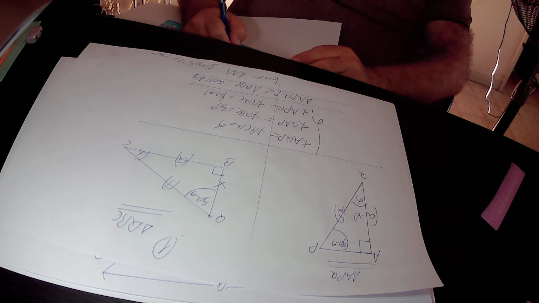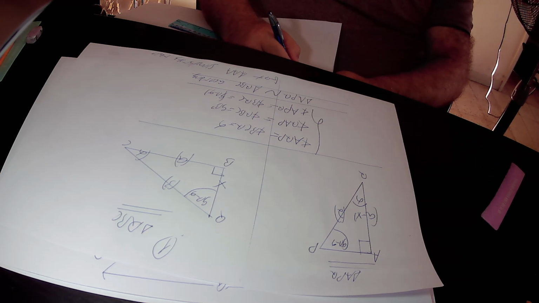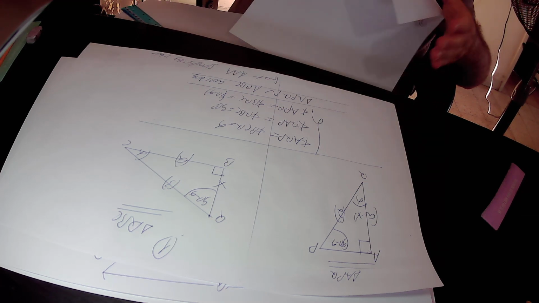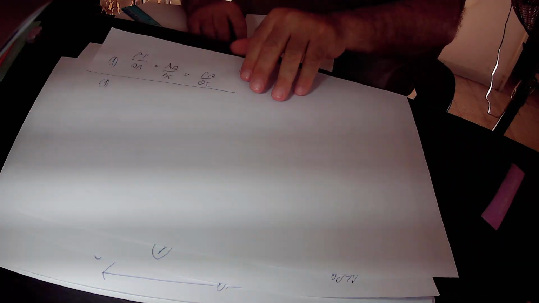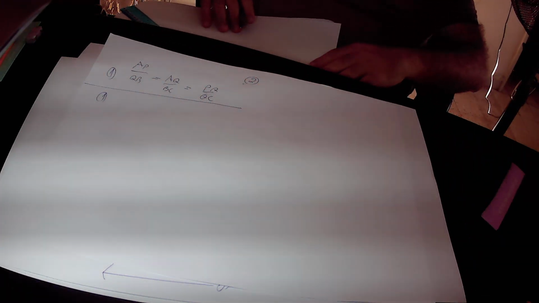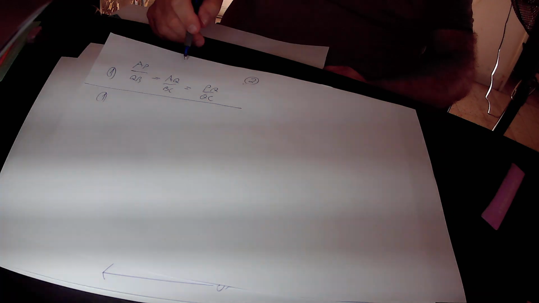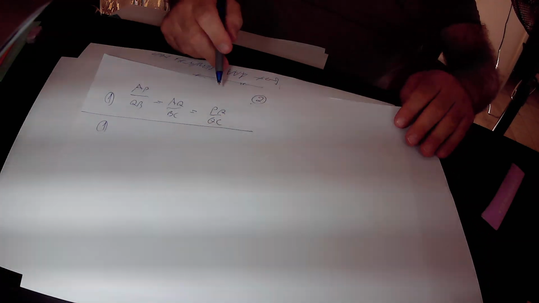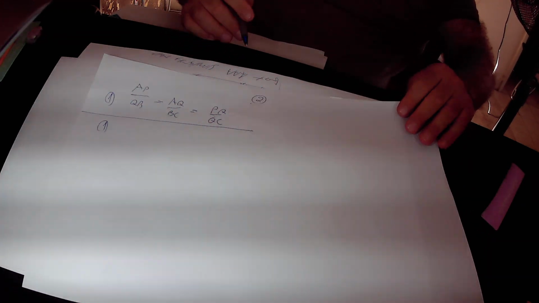I'll repeat again. I should remember that AP over QB equals AQ over BC, and it is also equal to PQ over QC.